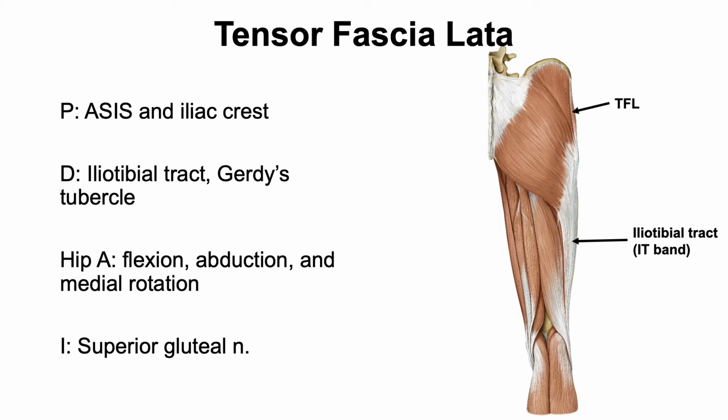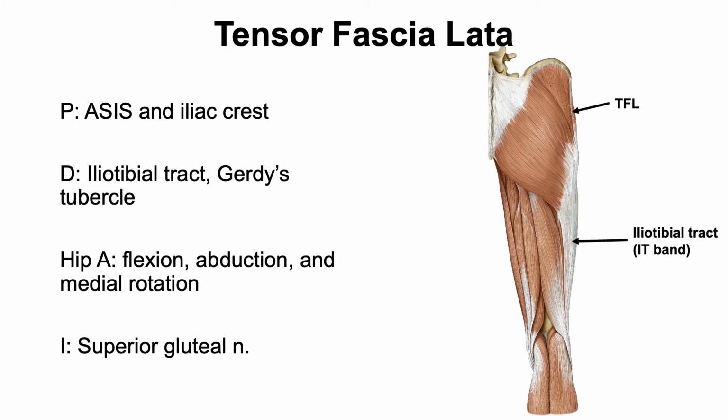This muscle doesn't go much further than several inches before it becomes a very long, flat tendinous band. That tendinous band will attach distally to something called Gerdy's tubercle, on the lateral side of the knee.